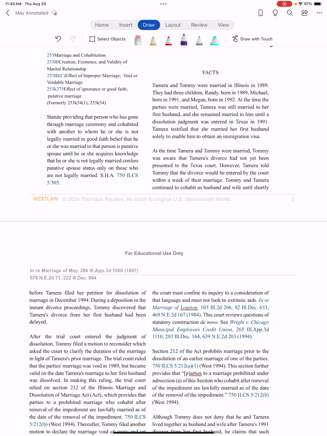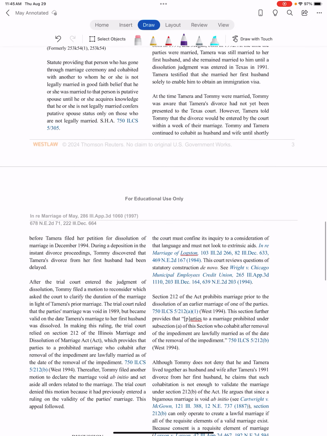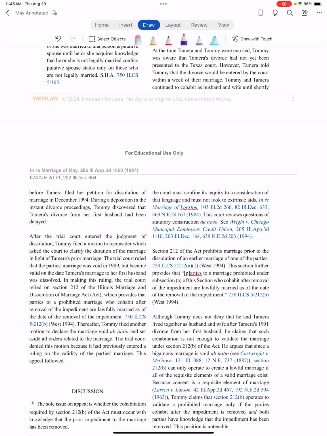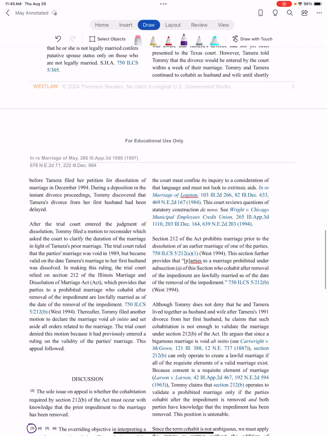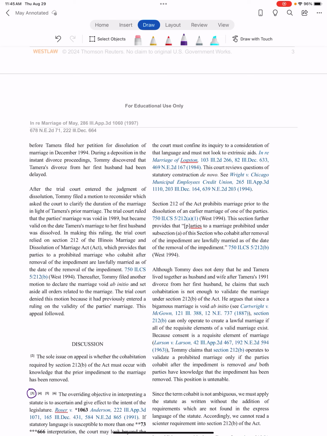So these are facts. Second paragraph, more facts of what happened between the couple. Third paragraph, those are going to be after the trial court entered the judgment. So these are going to be what we call procedural facts. So I'm going to label them that way.